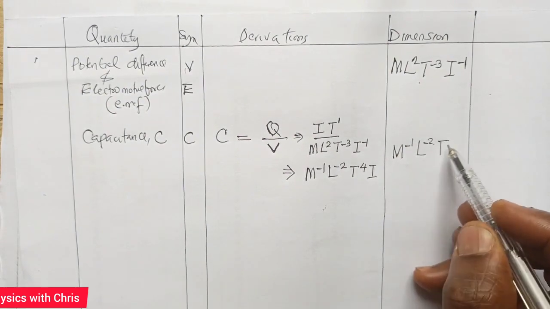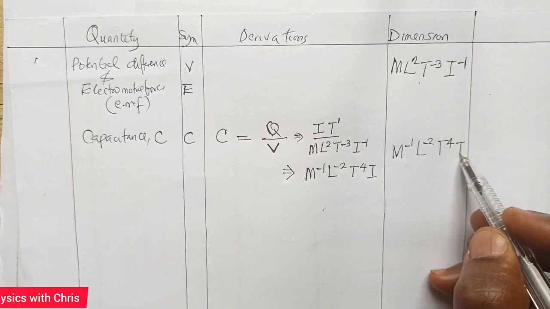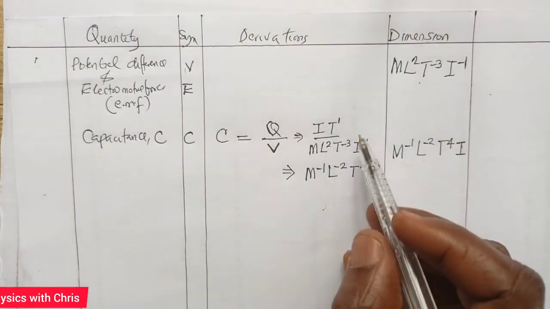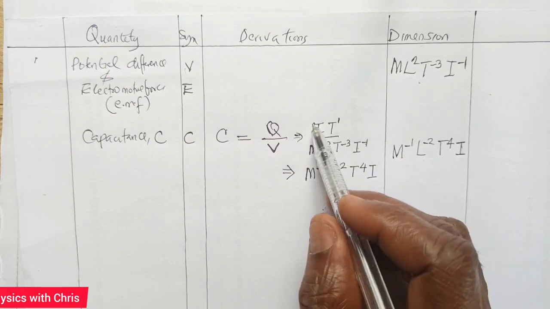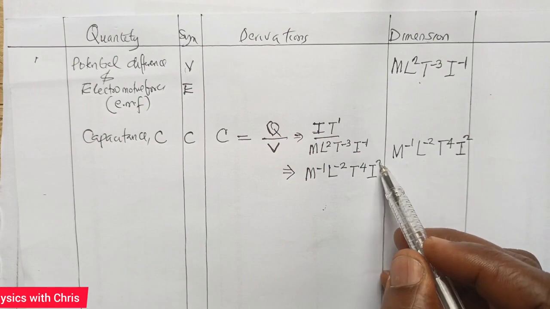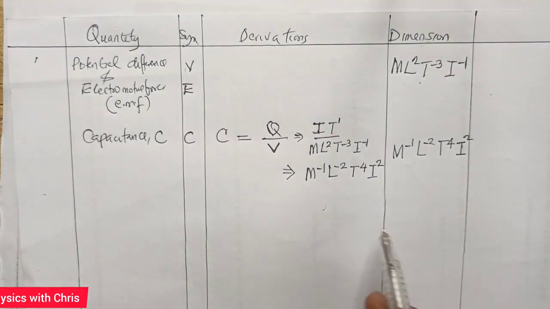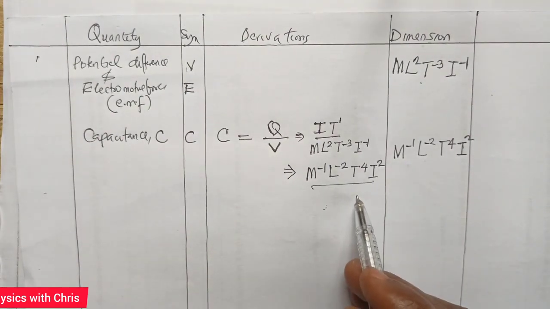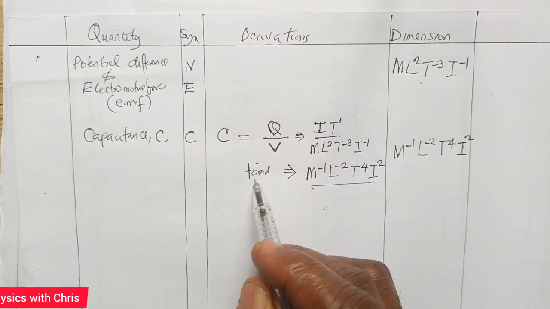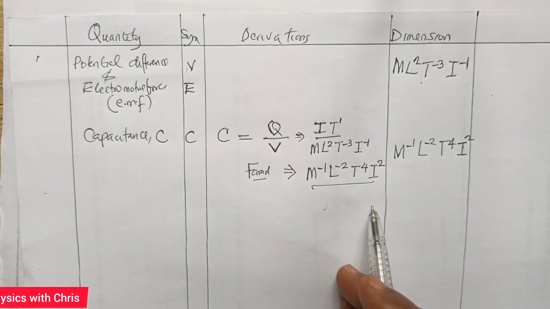But recall that there's a current I here, which multiplies this, and that gives you I squared as a dimension of capacitance. Now the unit of capacitance, of course, in SI unit is a farad. So this is the dimension of the farad, the unit of capacitance.